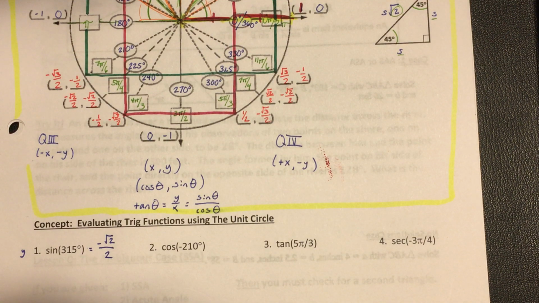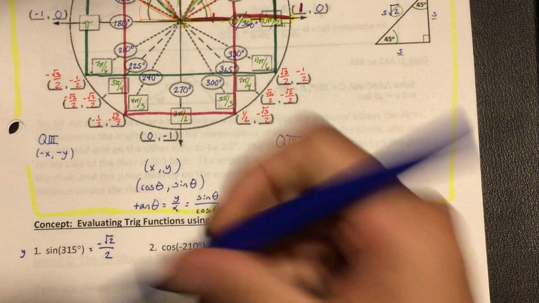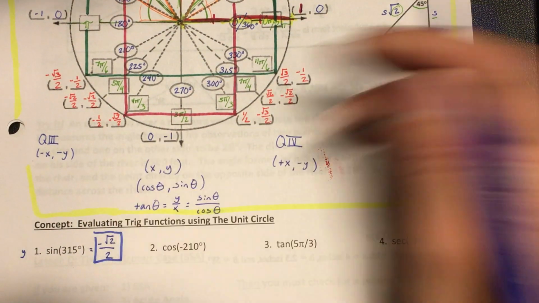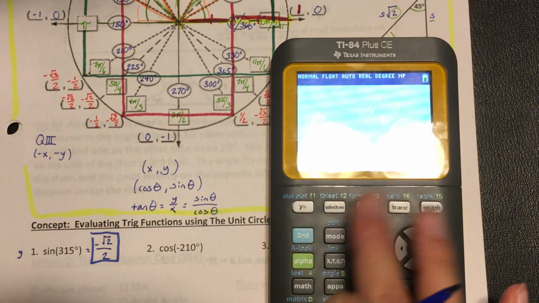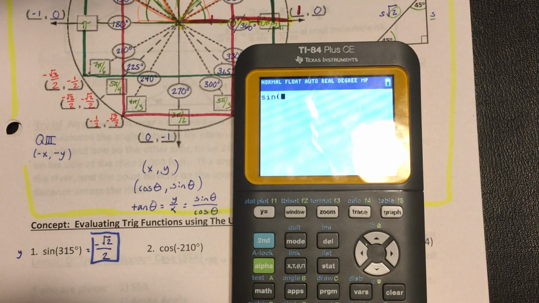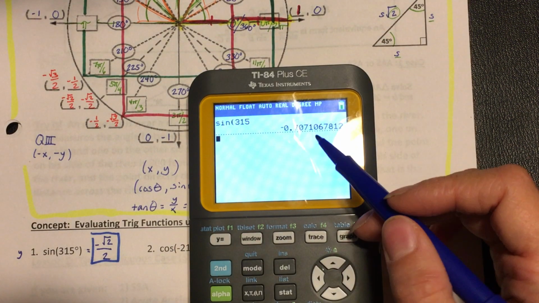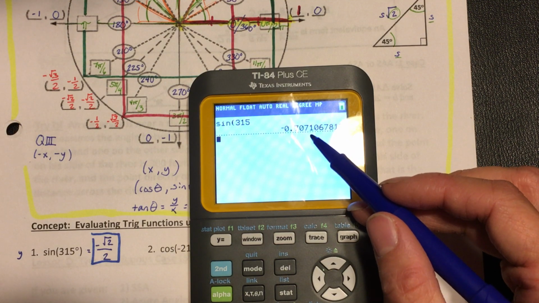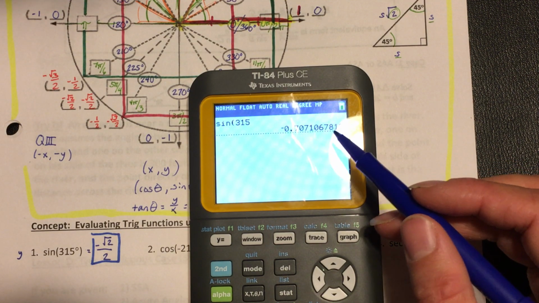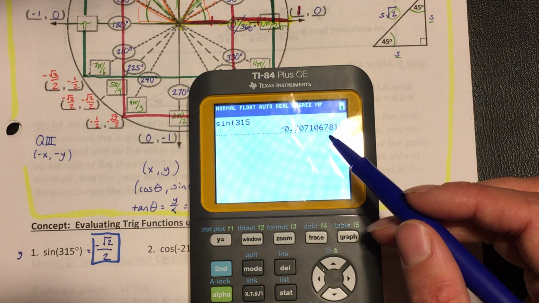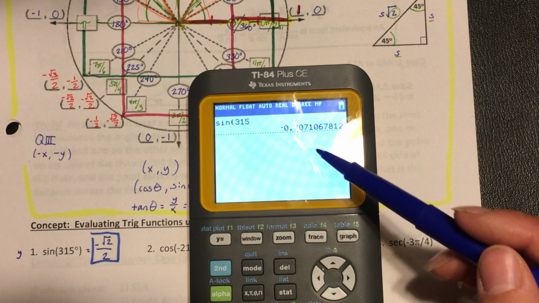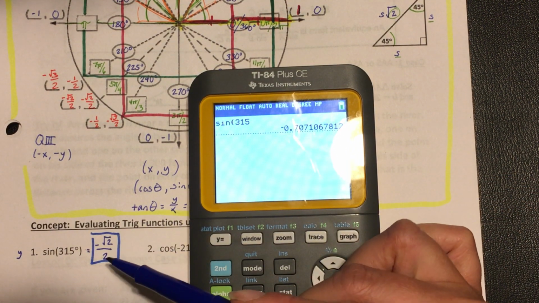Now, if I were going to try to use my calculator on this problem, and we are already in degrees, what we would find is that sine of 315 is that terrible looking decimal. This is not great because for our answer, we would have to first round this. If we could get the exact answer, that would be a lot better. There's no way my calculator can convert this into that radical form.